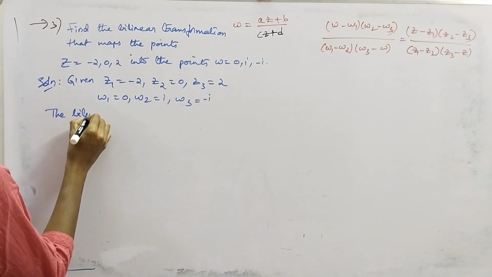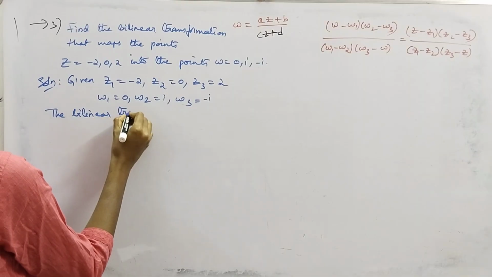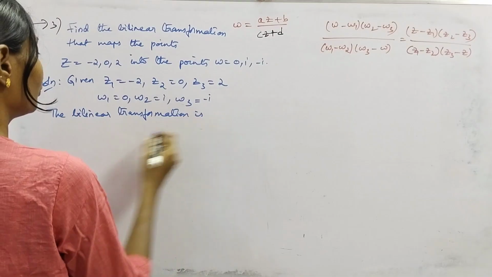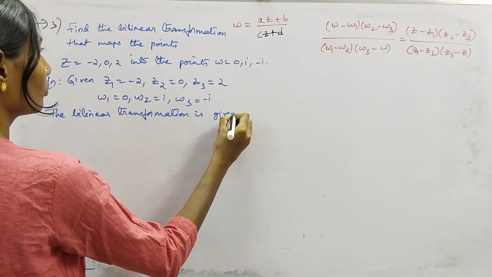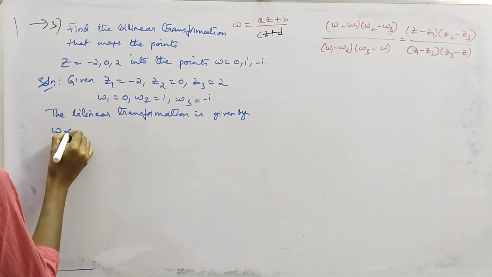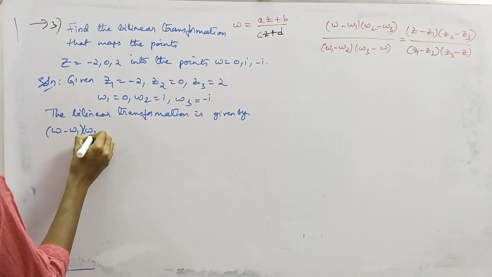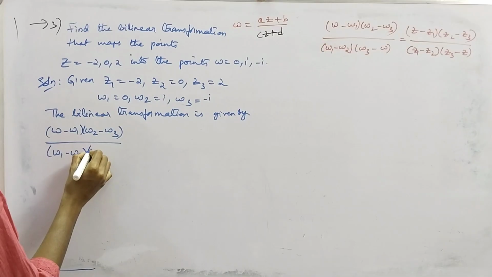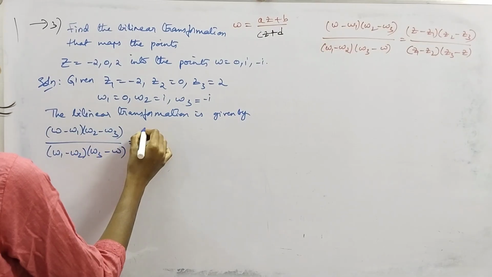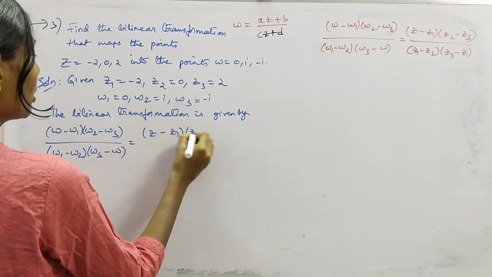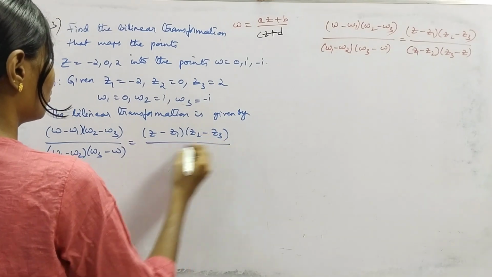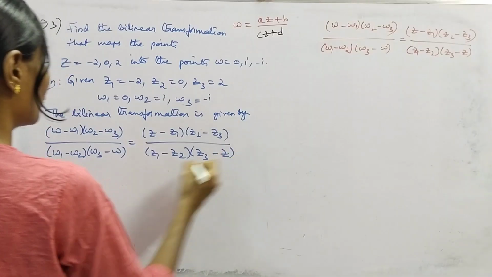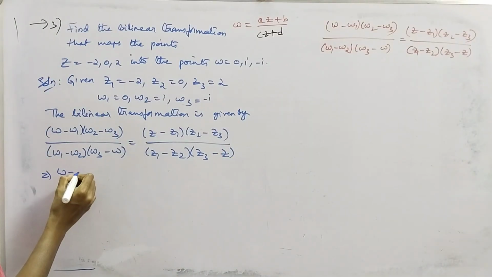The bilinear transformation is given by (omega minus omega 1) into (omega 2 minus omega 3) by (omega 1 minus omega 2) into (omega 3 minus omega) equal to (z minus z1) into (z2 minus z3) by (z1 minus z2) into (z3 minus z). Okay, just substitute the values.